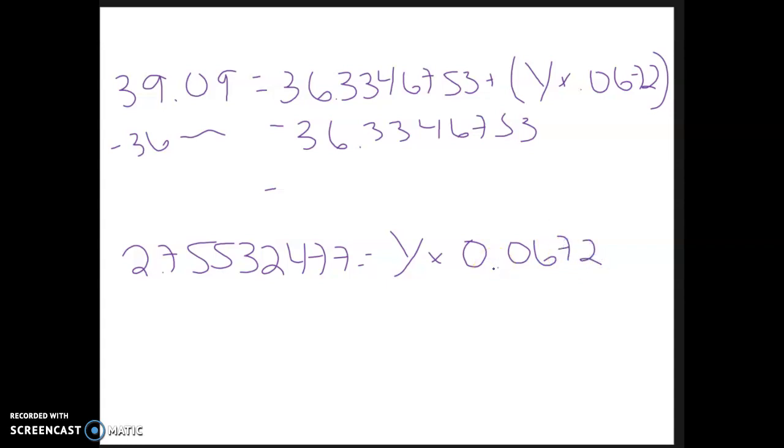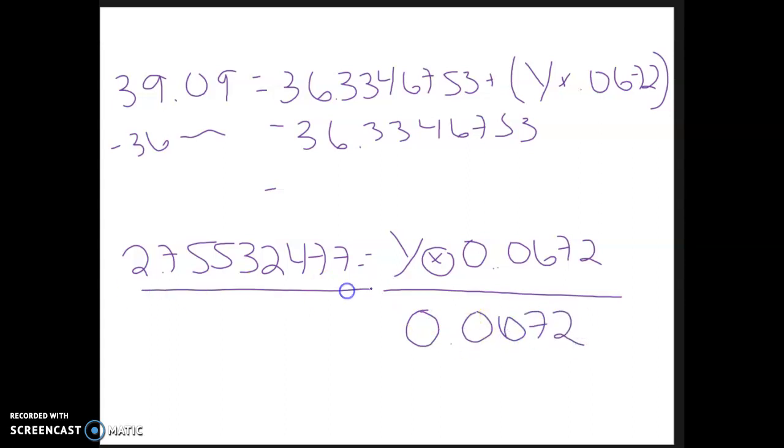Now I'm trying to solve for Y, which is my mass of potassium 41. It's multiplied by this number, so you have to do the opposite. We're going to divide each side by 0.0672. And I get that Y equals 41.6.